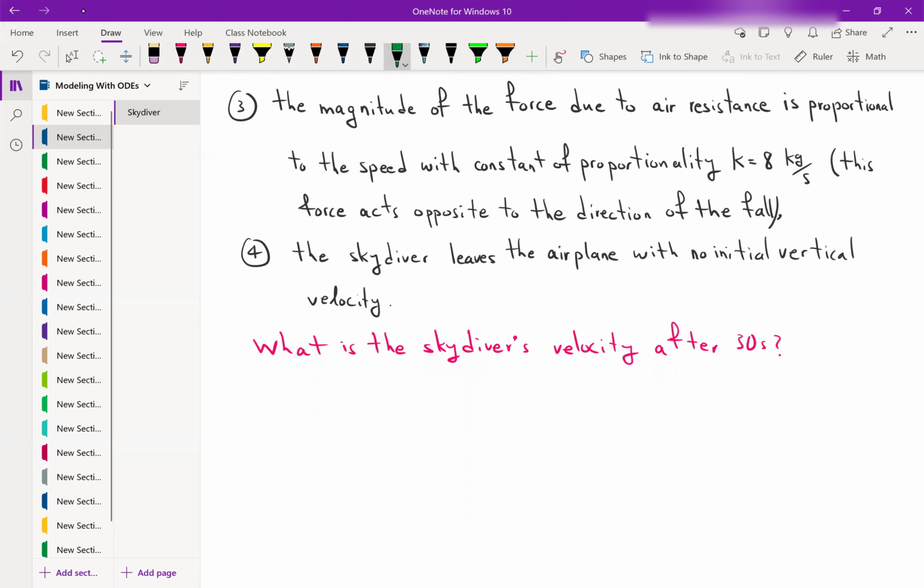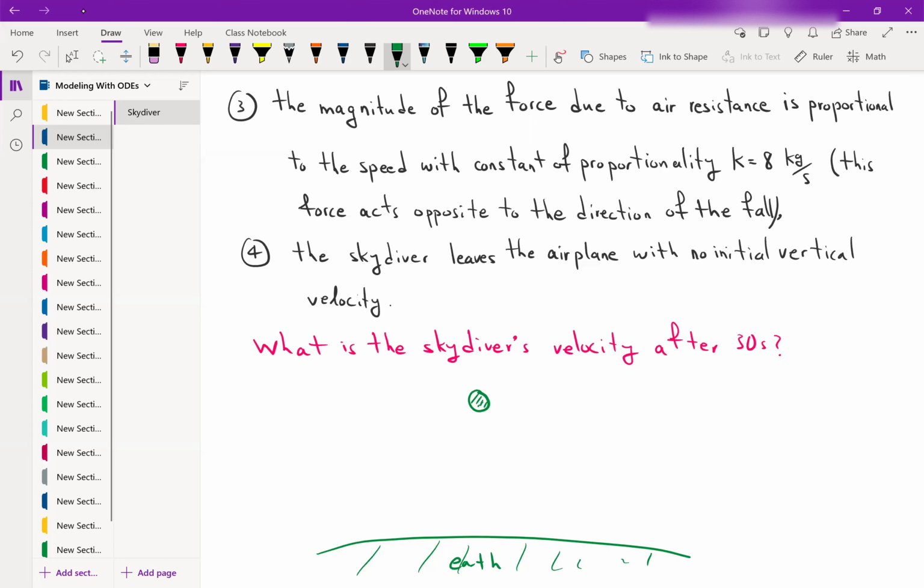So here is the Earth. And then here is our skydiver. I'm going to draw our skydiver as a ball. This is like a person falling. And we want to study the motion of this skydiver as it's falling. In particular, we are interested in the velocity.